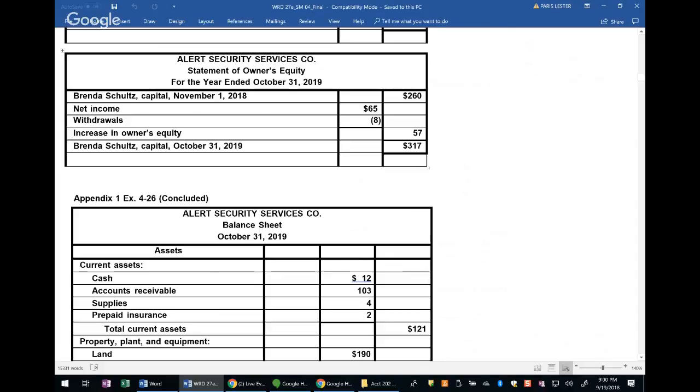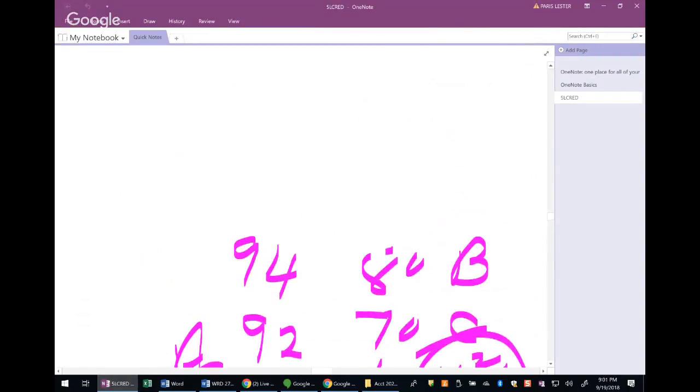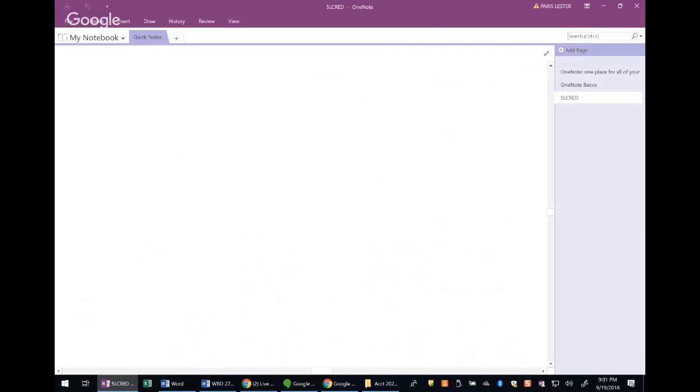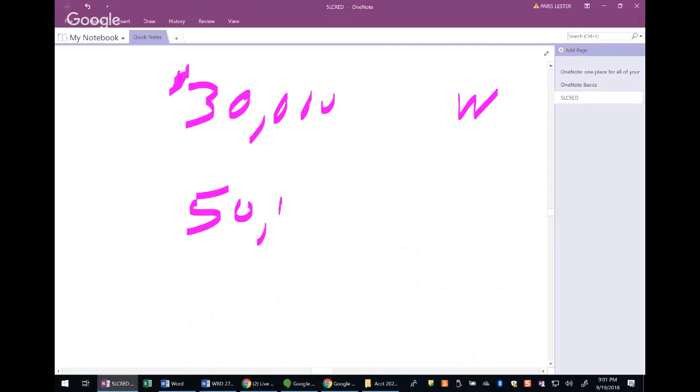Now, let me give you this, the last problem on your Cengage chapter 4. This is going to help you with it. What if beginning capital was 30,000 and you had no withdrawals and ending capital ended up being 50,000?